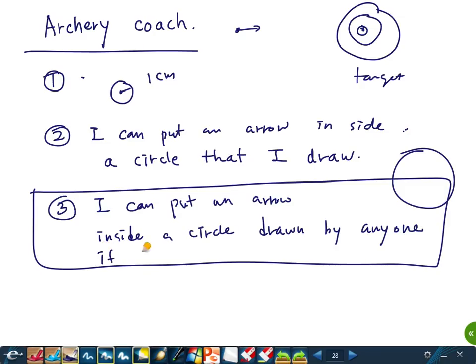If I focus enough, because even the best archer cannot shoot the center if he is not prepared. If I do my best, I can shoot at the center of the circle that you draw. This condition is important, but even though you have this condition, you would choose the third person, right? Yeah.